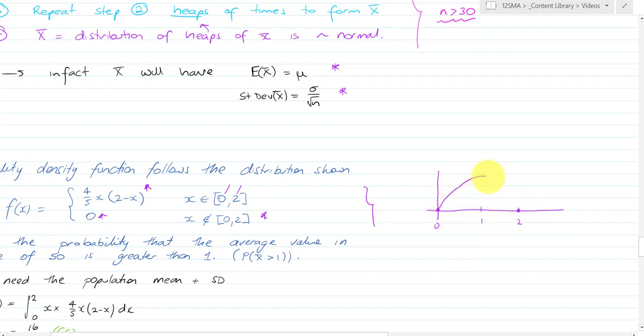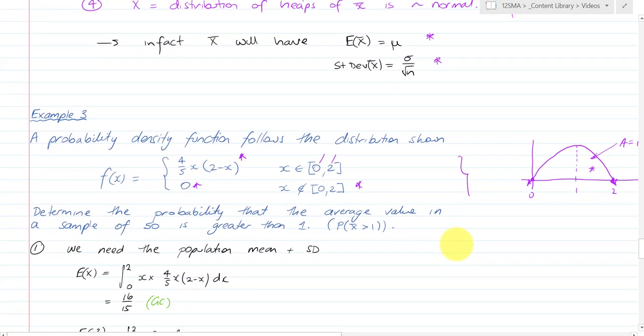It goes up to some value, it doesn't really matter too much, and I know the area under that quadratic will be equal to 1. I want to know the probability that if I take a sample, that sample will be greater than 1. Now the mean might be 1, it might not be 1. This may have an answer of 50%, it might not, so just be careful. And as I take more samples, I get a better approximation.